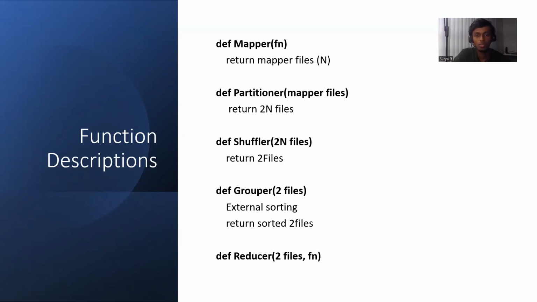Then we have the shuffler, which takes these 2n files and returns 2 files, which is equal to the number of reducers. And then we have the data grouper, which performs external sorting and returns the sorted files. And then we have the reducer, which takes the sorted files and also a function and gives the desired output.